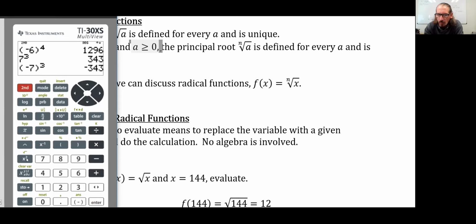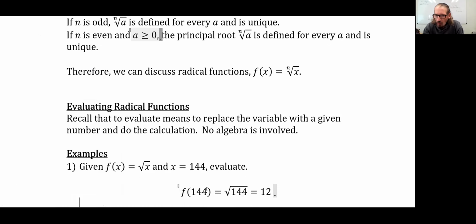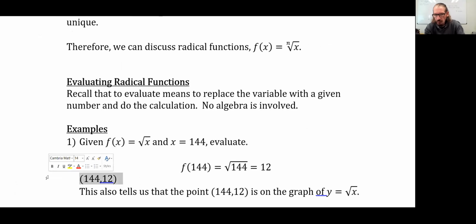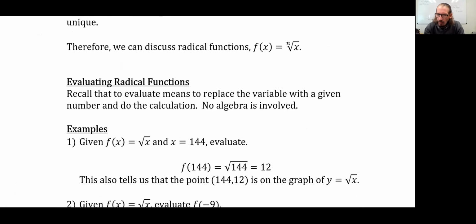It was a perfect square that was on that list from earlier, so I didn't even need to put it in, but there it is. Square root of 144 is 12. As a side note, that would tell us that (144, 12) is on the graph of y equals square root of x. I already had that typed. Nice.